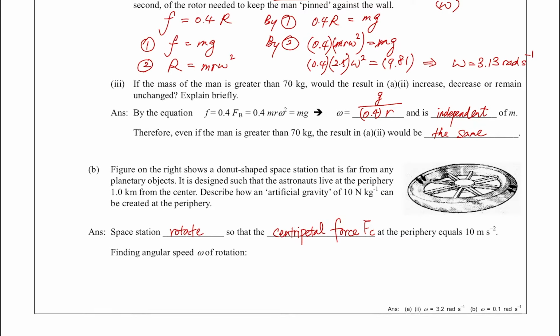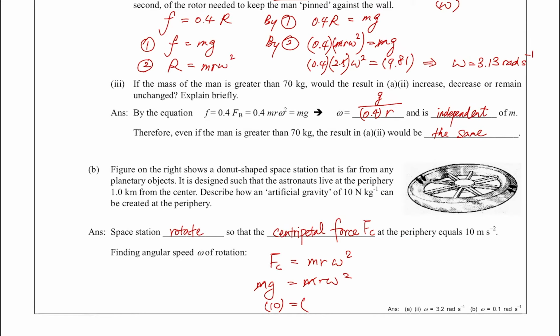In order to find the angular speed, we can calculate the angular speed. So Fc, the centripetal force, is equal to mr omega square. Put in the numbers. Now I want the Fc to be 10. Fc is equals to mg equals mr omega square.